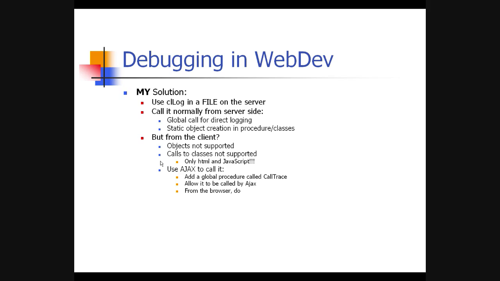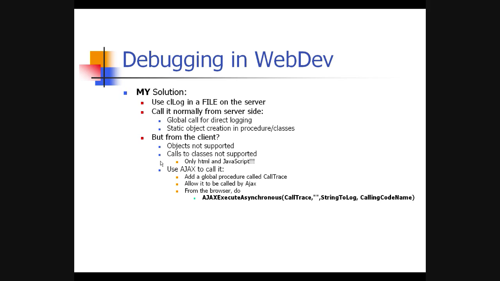And from the browser in your code, you do the following. Ajax execute asynchronous, call trace, that's the name of your procedure, empty string, because there's nothing on the browser side that you want to call back once the call trace is done. Then you put there the string that you want to log and the calling code name. Why?